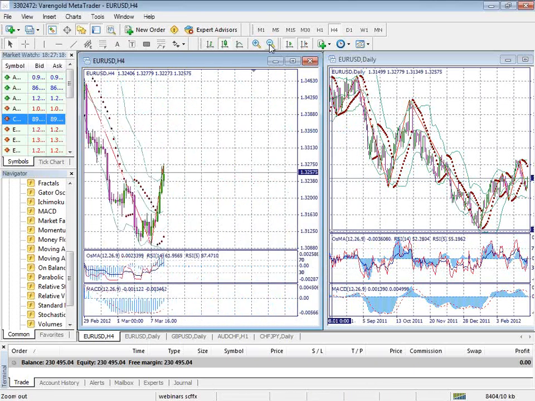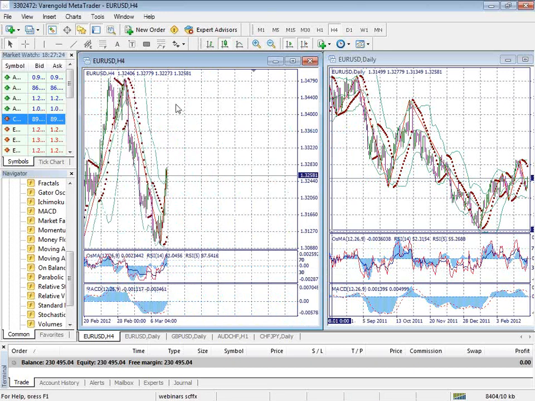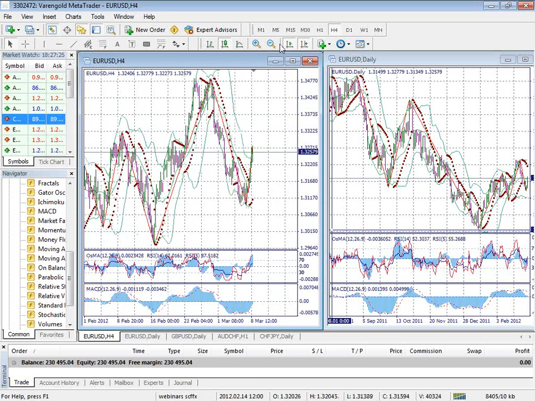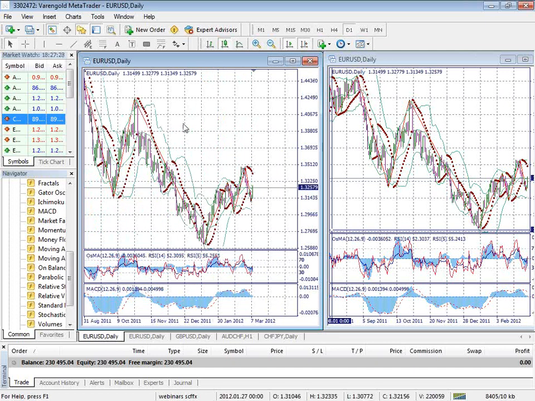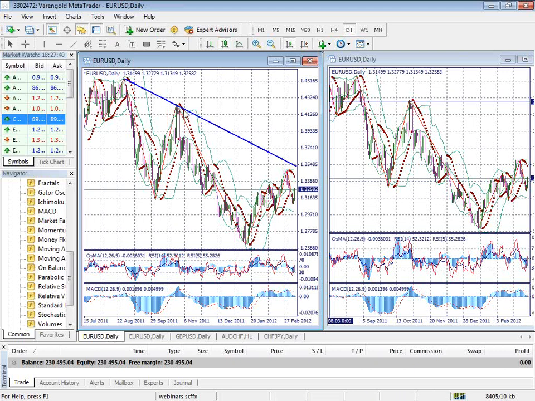And I will put both charts on a daily basis. So I will have those trend lines on both.